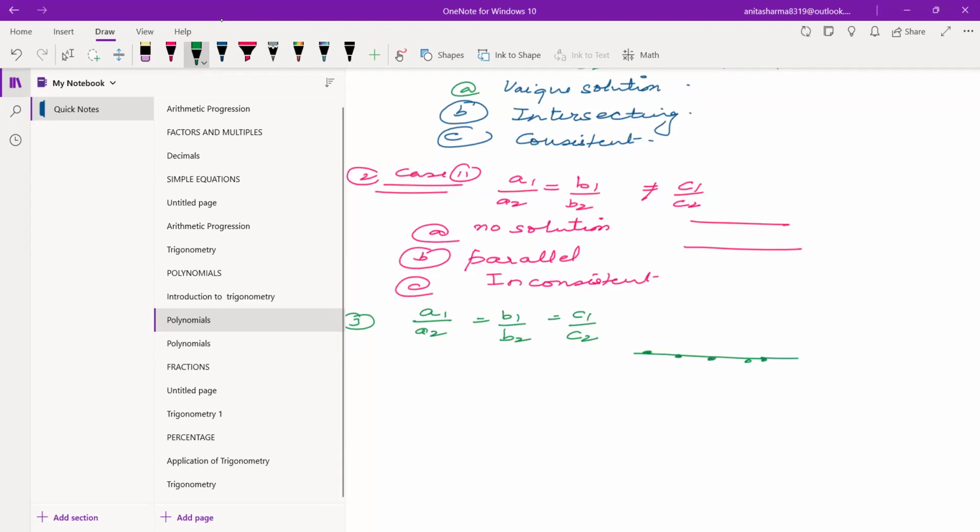So there will be infinitely many solutions, because infinitely many points can lie on the line, right? So you will write infinitely many solutions.